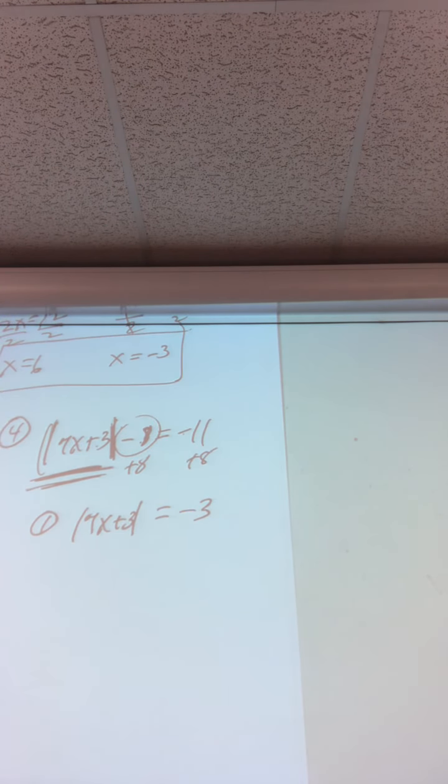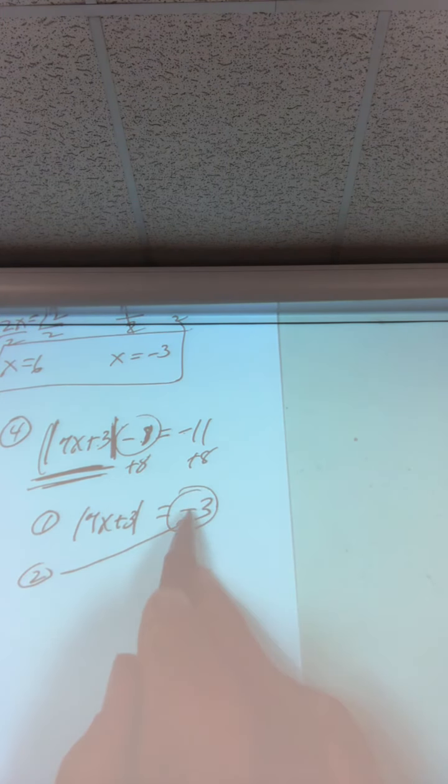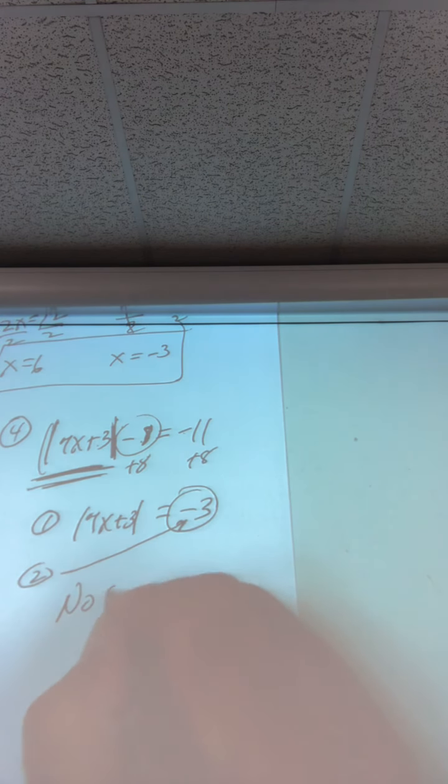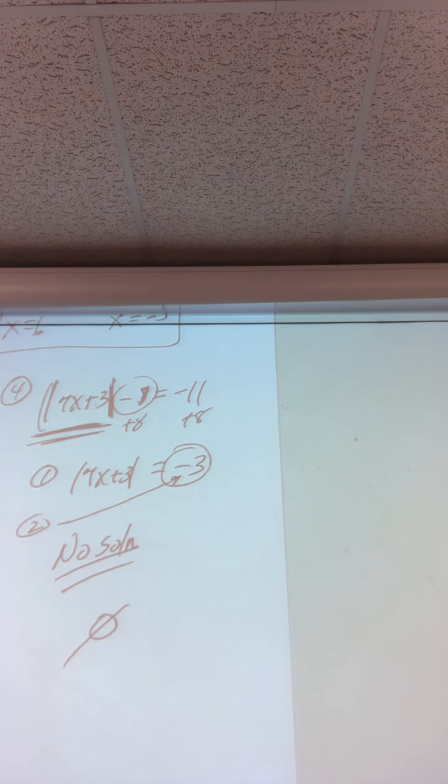Now, step 2. Step 2 says, if B, which is right here, is negative, there's no solution. You stop right there. If you do anything else from this point, it's wrong, because this is negative.